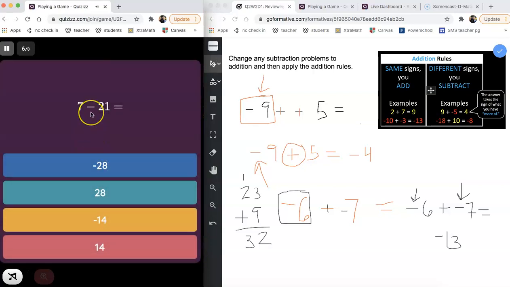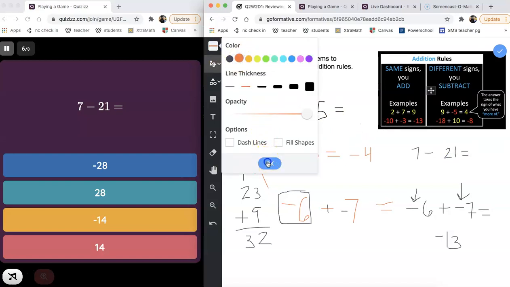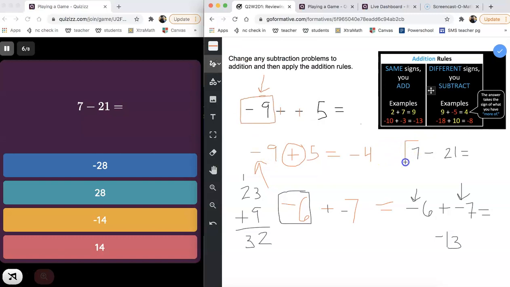In this example, you'll see that there's no addition sign in between the 7 and the 21, it's subtraction. So I need to record the subtraction problem and then I'm going to change it to addition. I'm going to put a box around this first number to remind myself that the first number does not change.